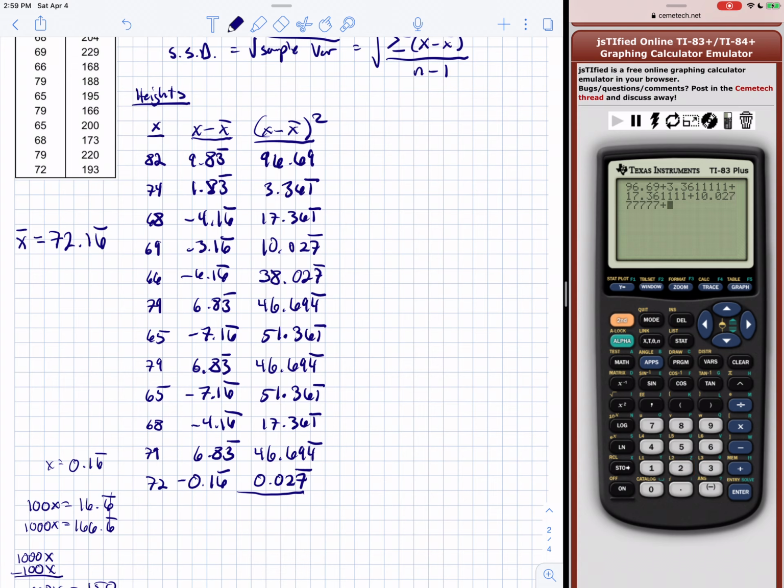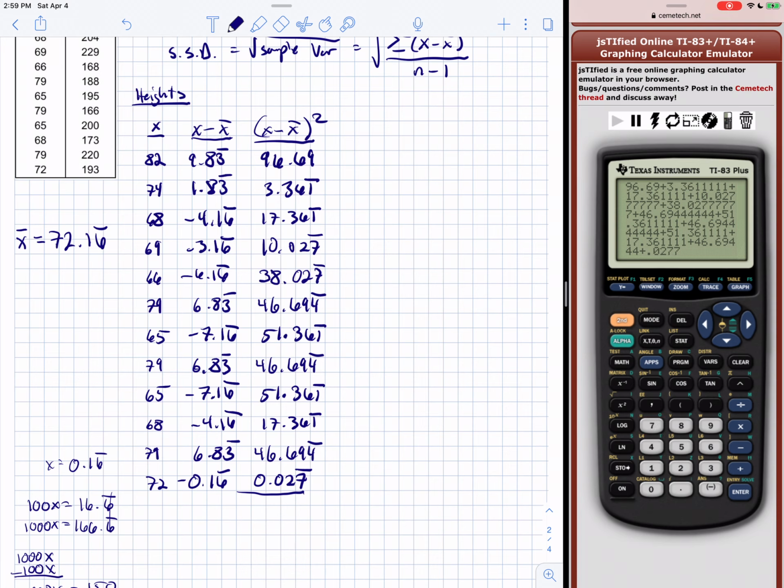So this is going to be a little skewed because these are approximations. 38.027, 38.027, 46.694, 46.694, 51.361, 51.361, 46.694, 46.694, 51.361, 51.361, 17.361, 17.361, 46.694, 0.027.